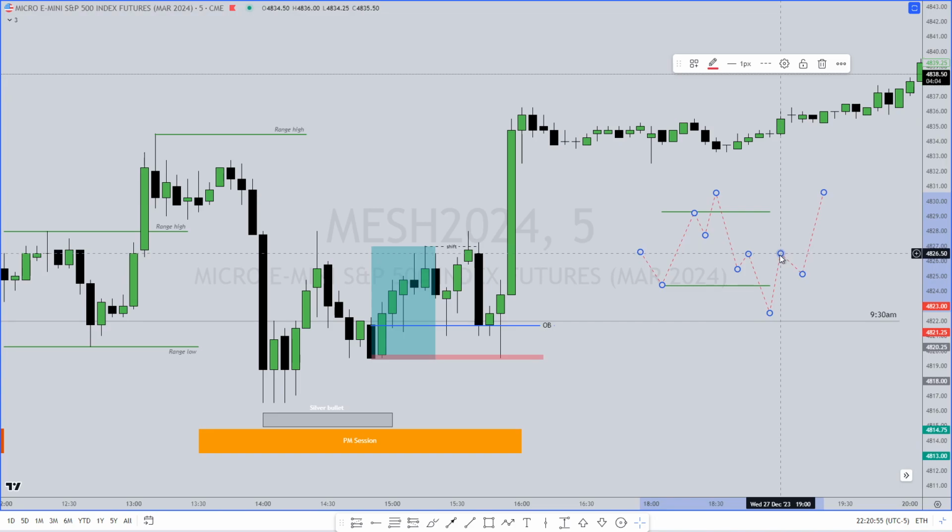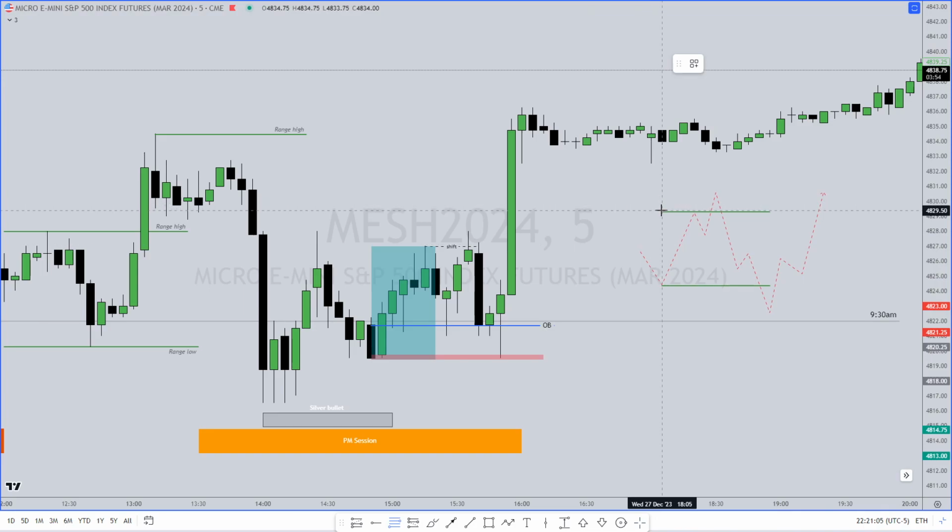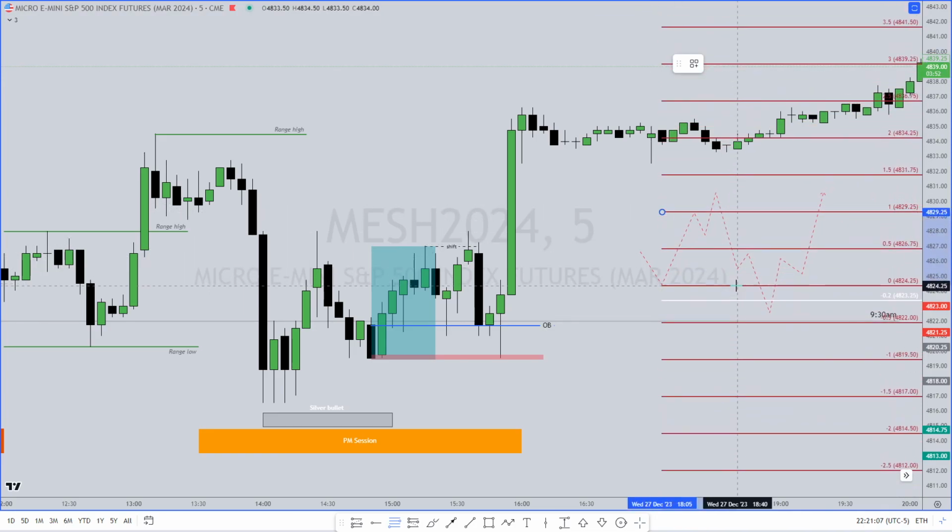I can't be short until I'm in the premium of the range, let's say that. Right? If I'm still in the discount of this range, then I can't be short. There's nothing that would give me any confidence to try and be short here. So if I'm still below discount, then I can't be short, right?